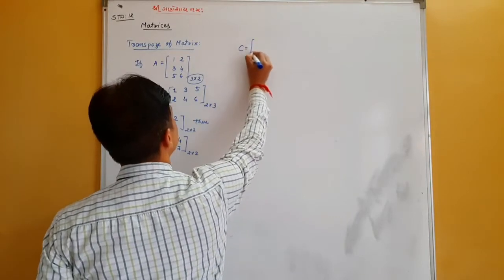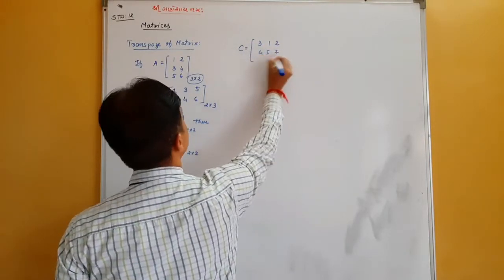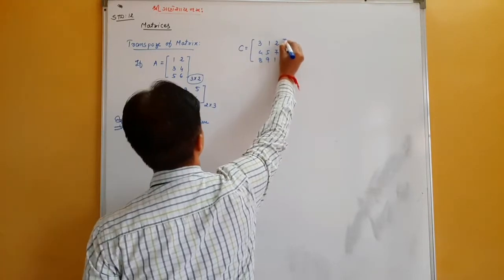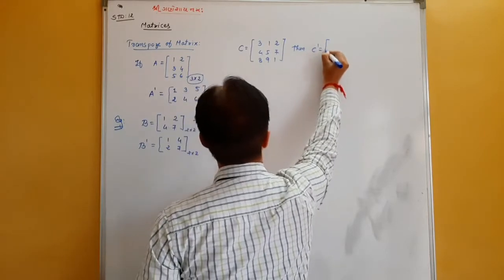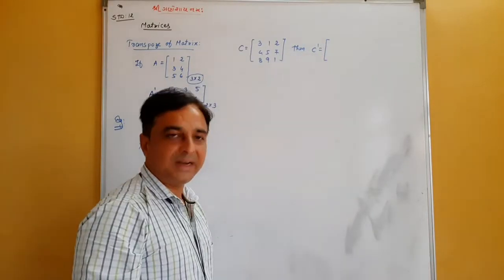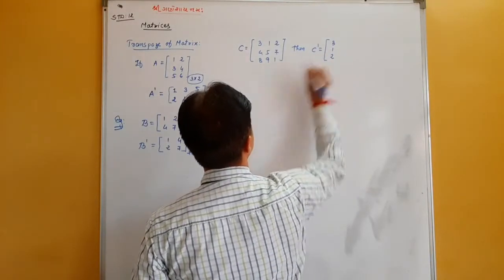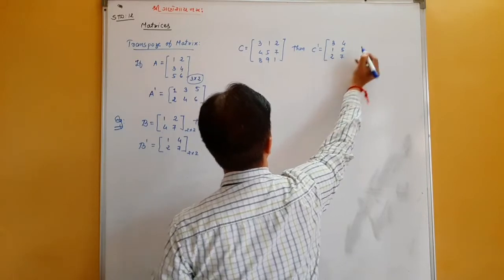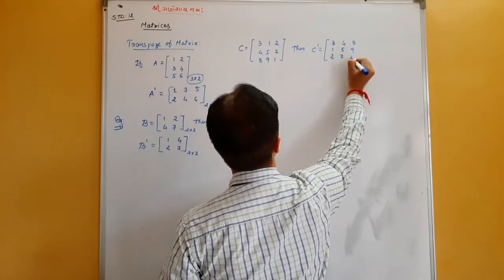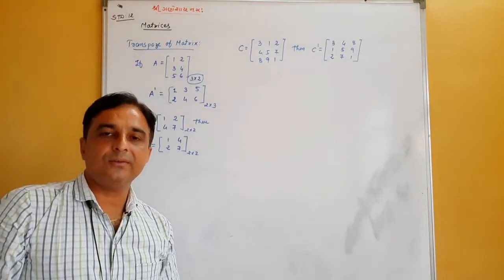See, C is 3 1 2 4 5 7 8 9 1. Then C dash is called the transpose of the matrix. First row becomes first column: 3 1 2, 4 5 7, 8 9 1. So this is C dash, the transpose of the matrix.